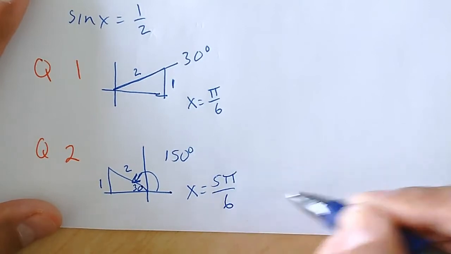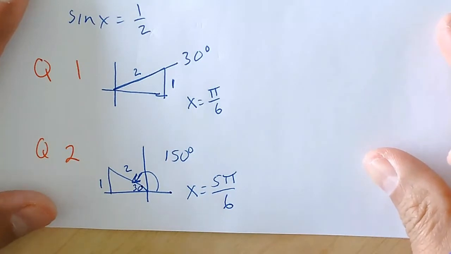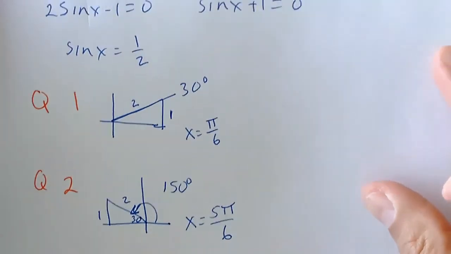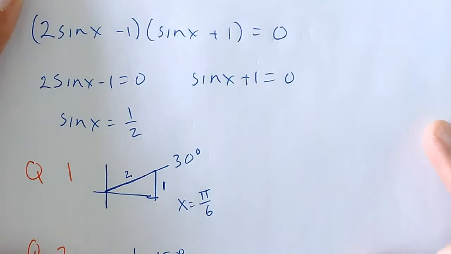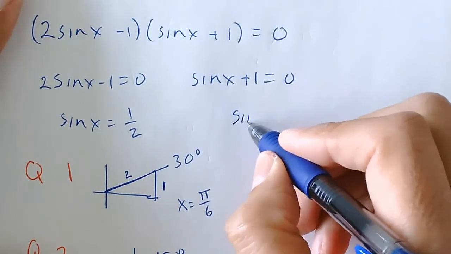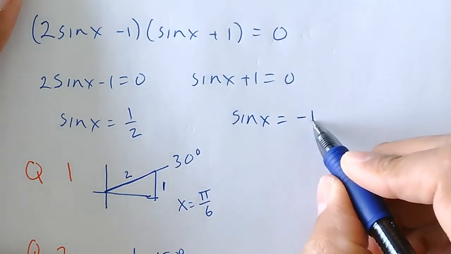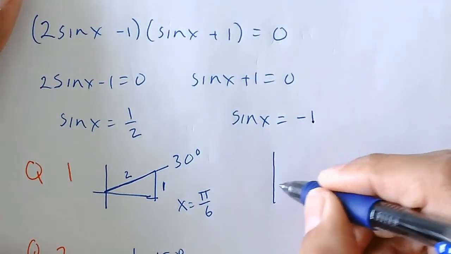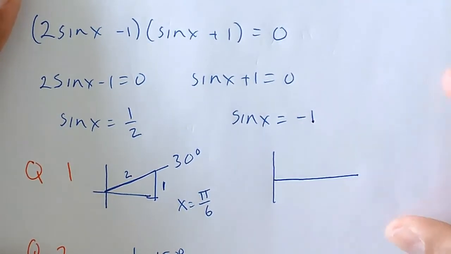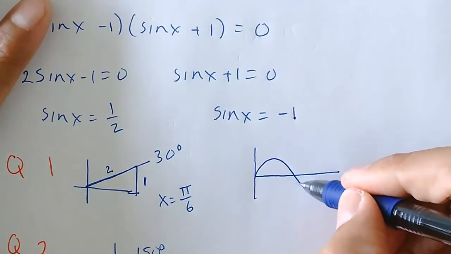I tell you guys, close your eyes, look at the sine graph. The sine graph will be -1 at 3 pi over 2. So we should have three angles here.